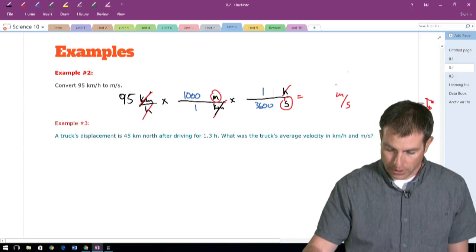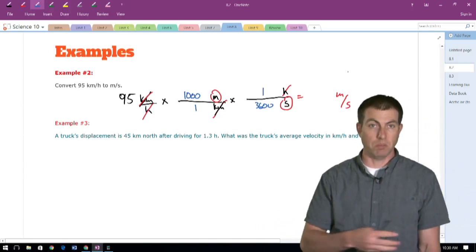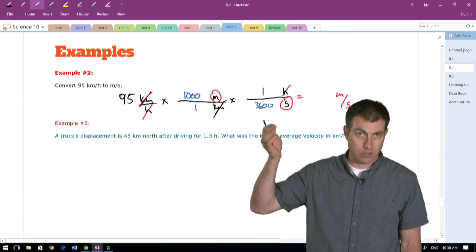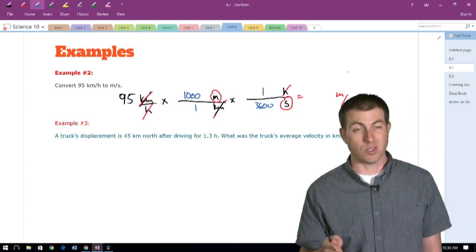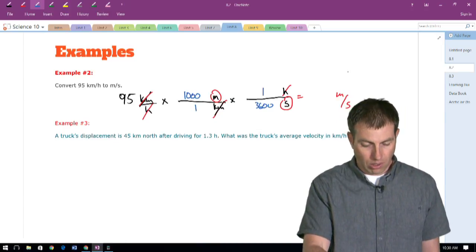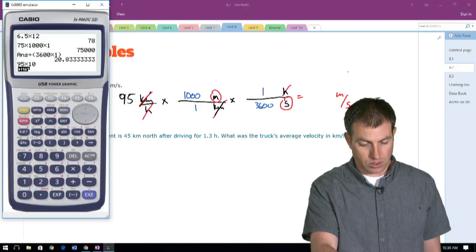So the math here is going to multiply all the tops together, and then I'm going to multiply all the bottoms together, and I'm going to divide the top by the bottom. In terms of math, because there's lots of ones there, all I'm doing is going 95 times 1,000, and then I'm going to divide that by 3,600.